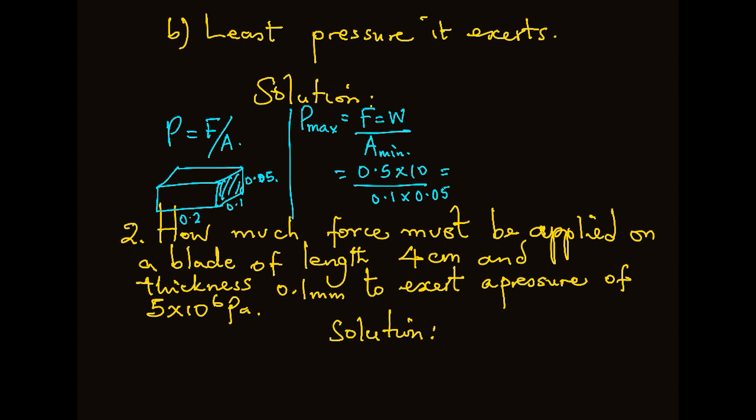This gives 5 divided by 0.1 multiplied by 0.05, which is equal to 1000 Newton per square meter, or 1000 pascals.